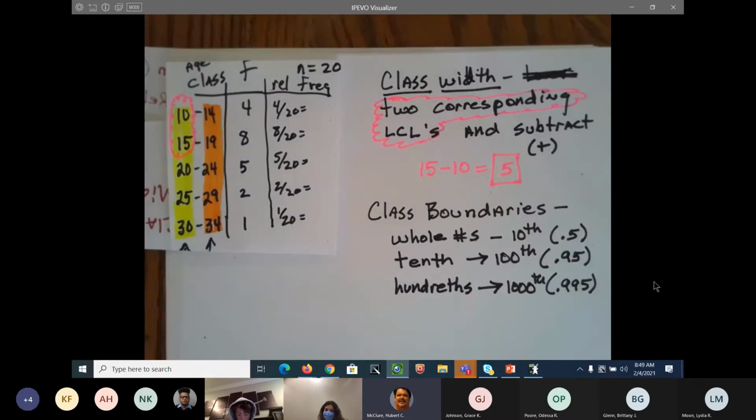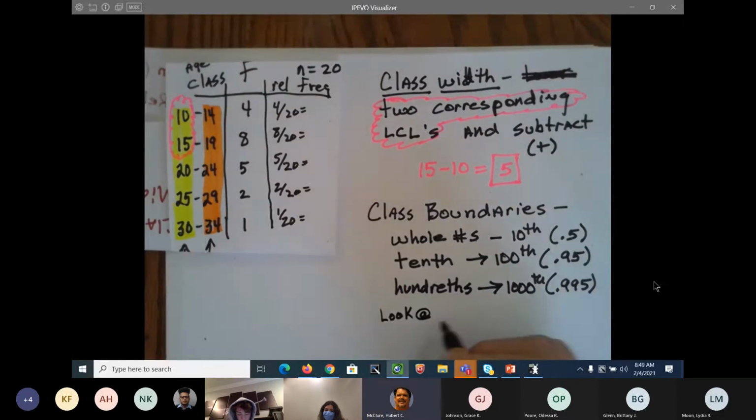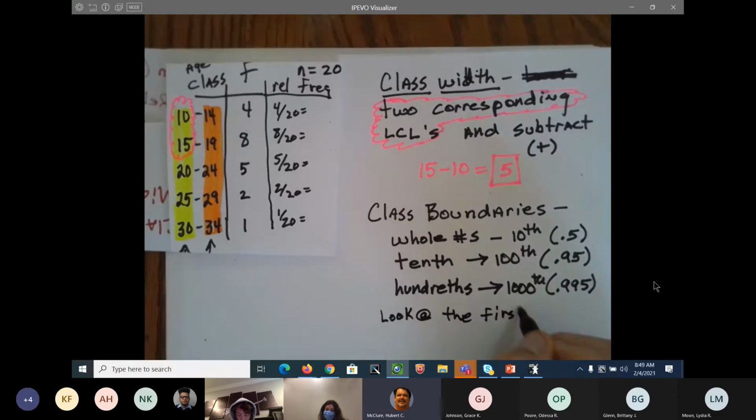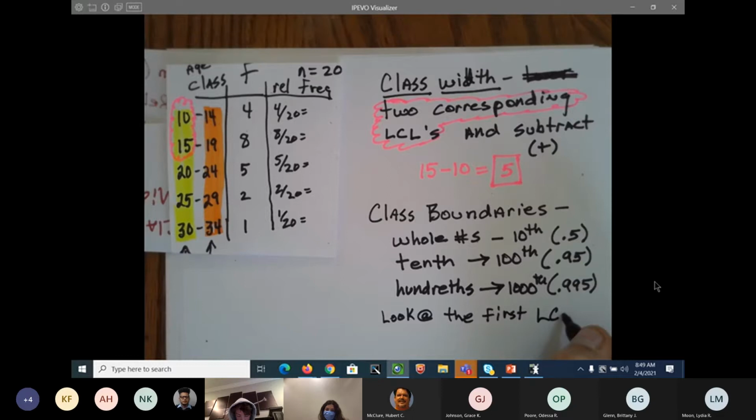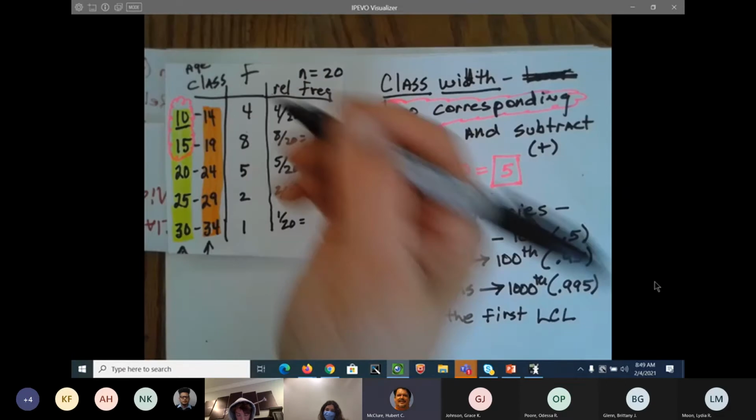All right, so what do I do? I usually look at the first lower class limit, and then I just use common sense. What's my first lower class limit? 10.